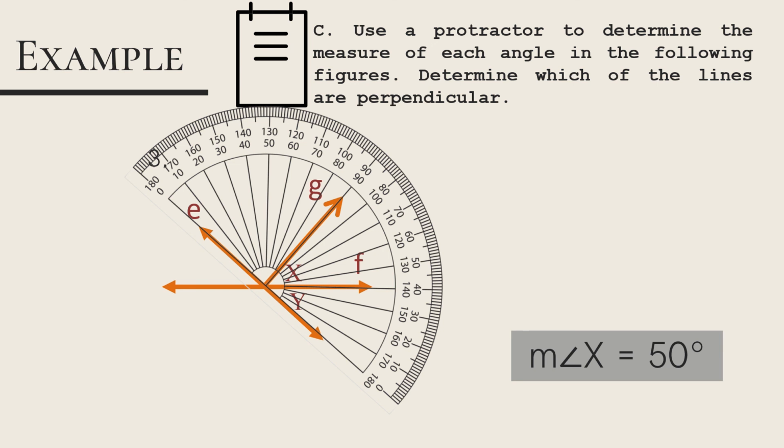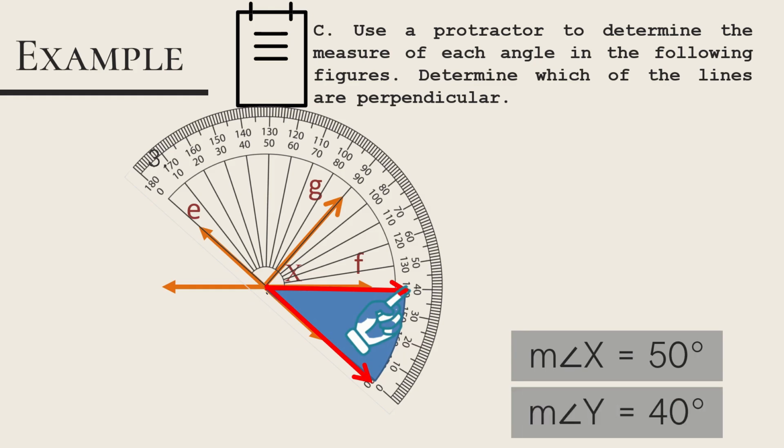Be careful which angle you read using the protractor. Let's start with the 0 degrees, the first leg from the base up to the second leg of angle Y. So from 0 degrees up to the second leg of angle Y measures 40 degrees.